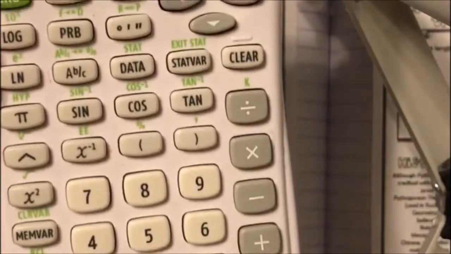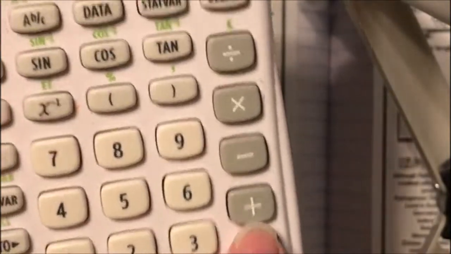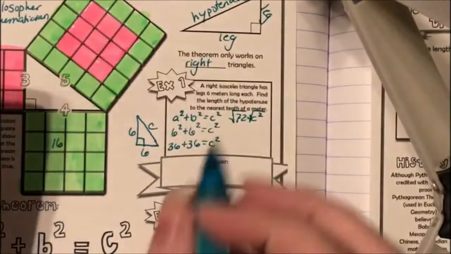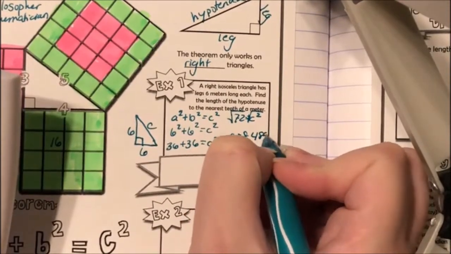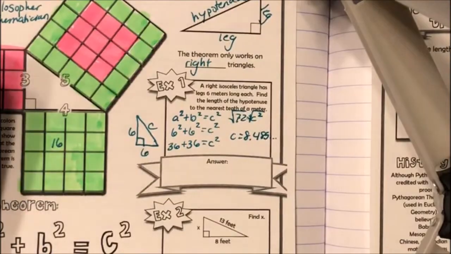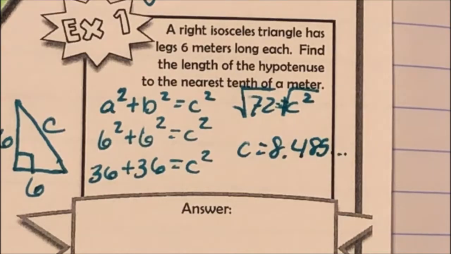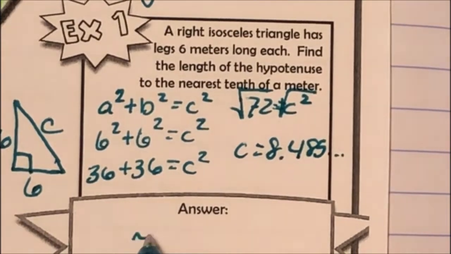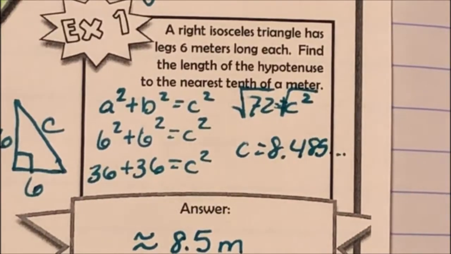I'm going to type in my number, 72, close my parentheses, and press enter, and it gives me 8.485, okay? So that means C equals 8.485, and it keeps going, right? So it said round to the nearest tenth of a meter. So my answer is going to be approximately 8.5 meters.